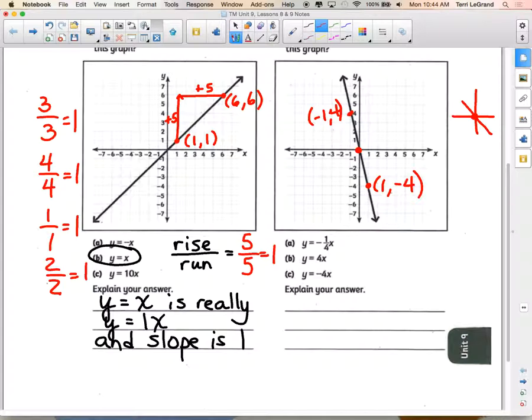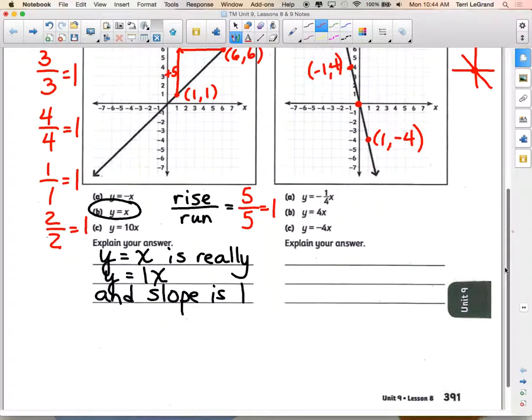So now that means we can use any 2 of those 3 points to help us find the slope of this line. So go, find the slope of this line. Do a rise over run again down here. Say rise over run equals.